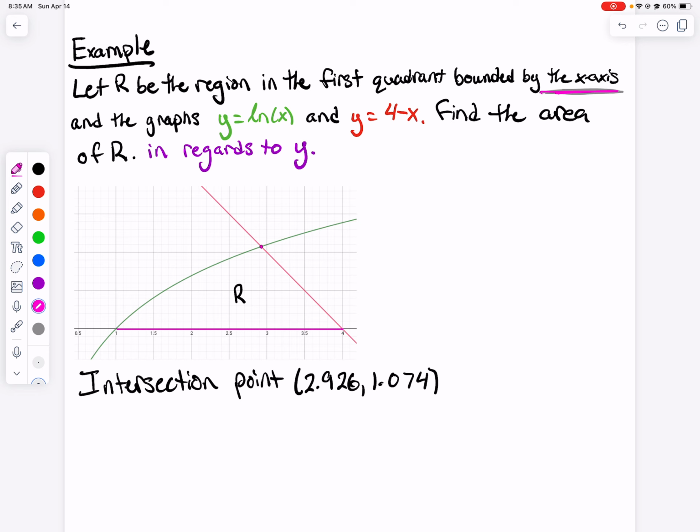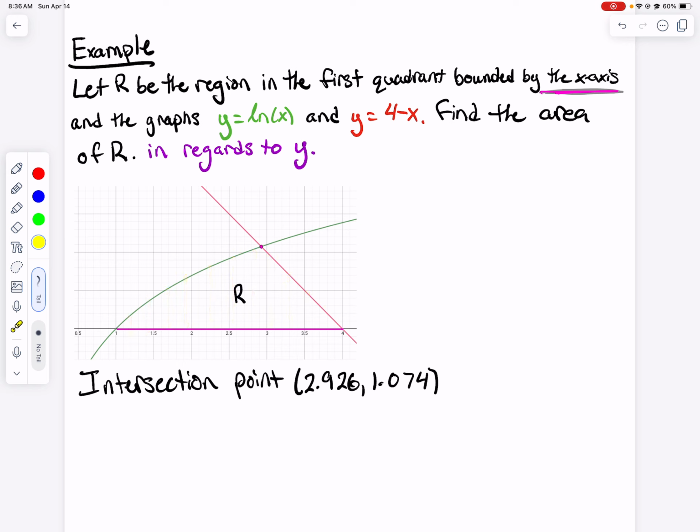My big hint was bounded by the x-axis. Seeing this sentence kind of spooked me into thinking, okay, I'll have a bound here. The other thing I noticed is if I asked you to find the area under the curve and you were trying to do it top down, do you really have a top curve?